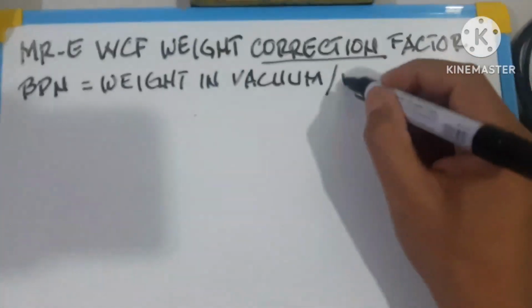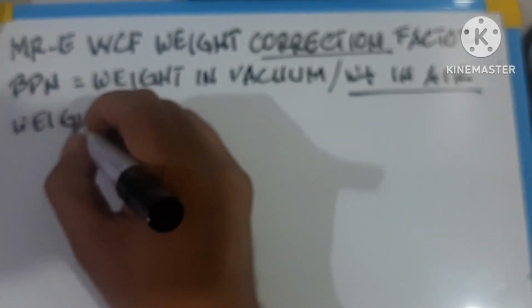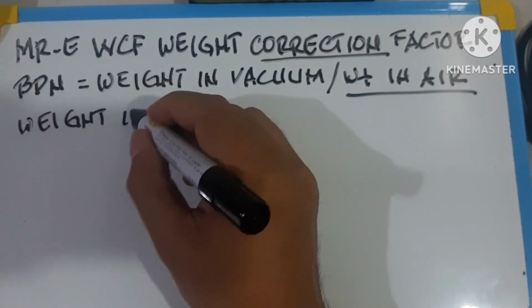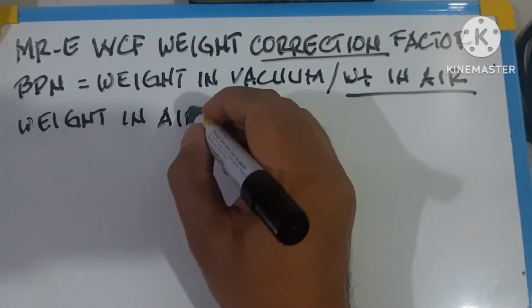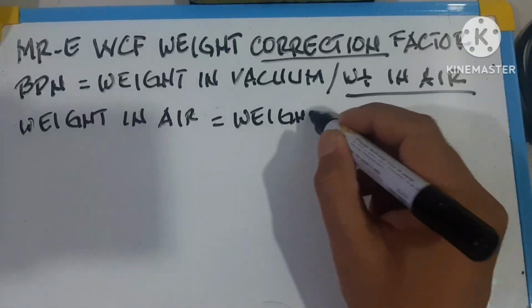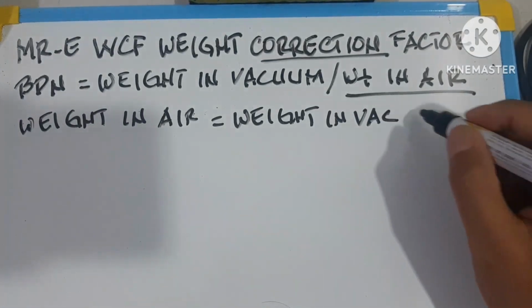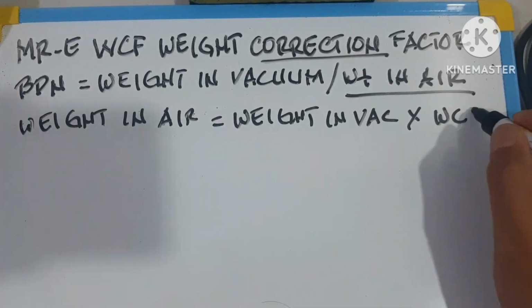So we need to know also the weight in air. So to get the weight in air, the formula is weight in air is equivalent to weight in vacuum, the weight of that fuel oil in vacuum, multiplied by the weight correction factor.